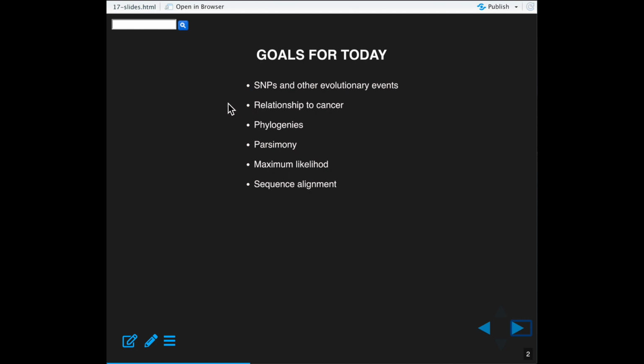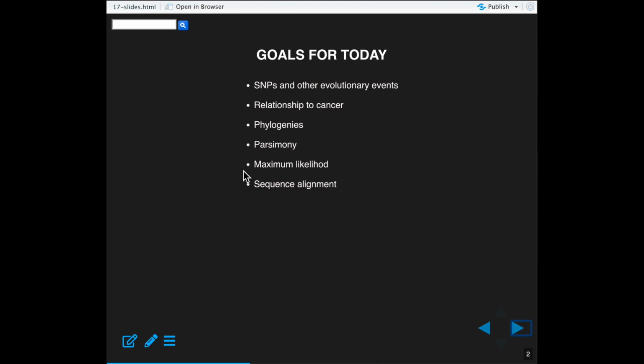And I'm going to just talk a little bit about things that I'm interested in, in terms of how these models also play a role in understanding cancer, specifically tumorigenesis and tumor progression. And then that leads into the concept of molecular phylogenies for species or genes. I'm going to show two different ways to estimate phylogenies.